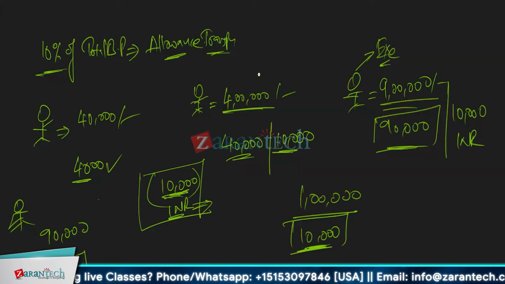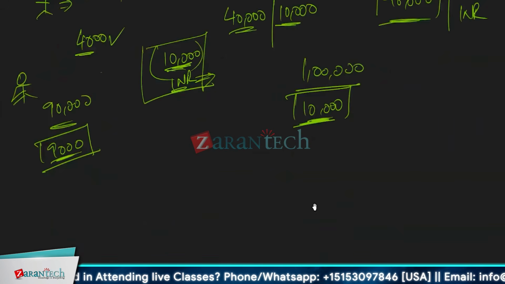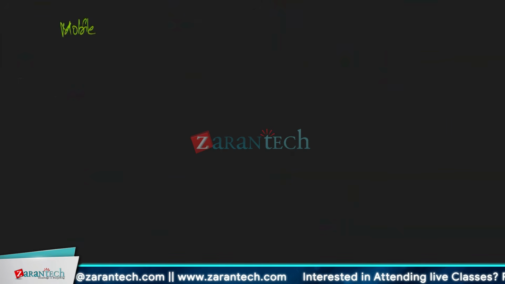The reason we have ceiling currency is because one allowance plan might be used by multiple countries. Maybe that allowance plan is a global allowance plan. Let's talk about mobile allowance.